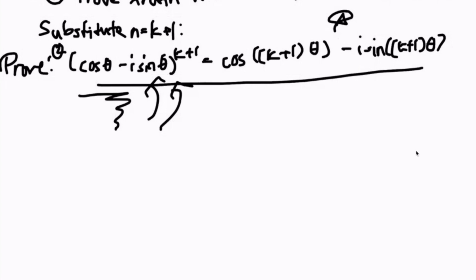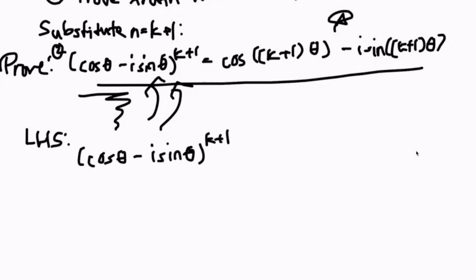All right, so what I'm going to do is take the left-hand side of the expression we want to prove, which is cosine theta minus i sine theta to the k plus 1th power.